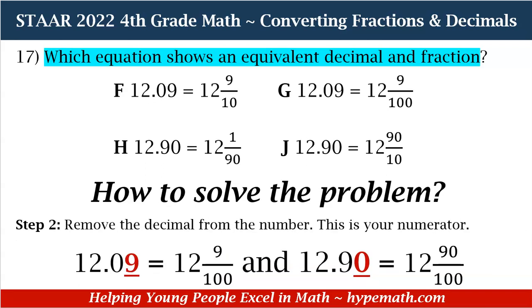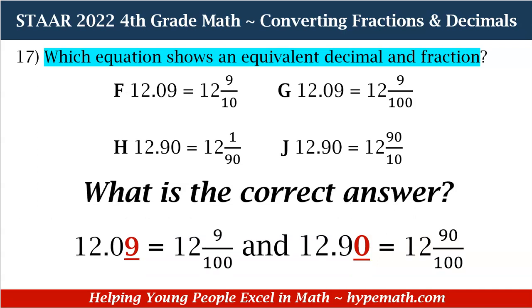The next thing we need to do is drop the decimal point and write our number in the numerator. So for 12.09, we have 12 and 9 over 100. Even though there's a 0 right in front of the 9 for our decimal, we really don't need to write it because it's just 9. Okay, and then for 12.90, that would equal 12 and 90 over 100.